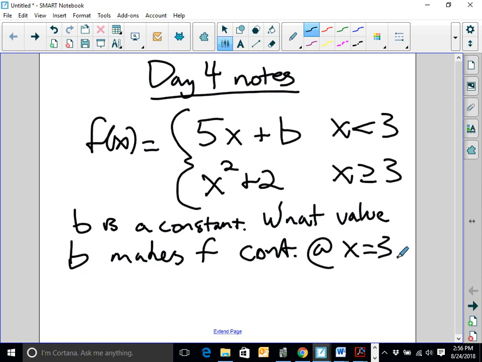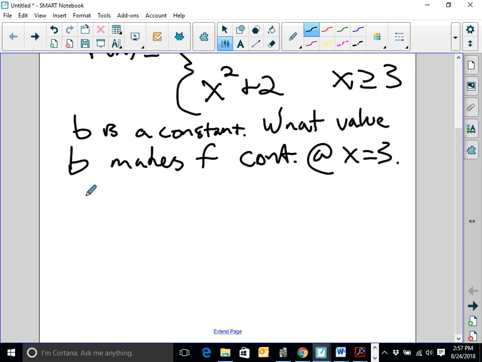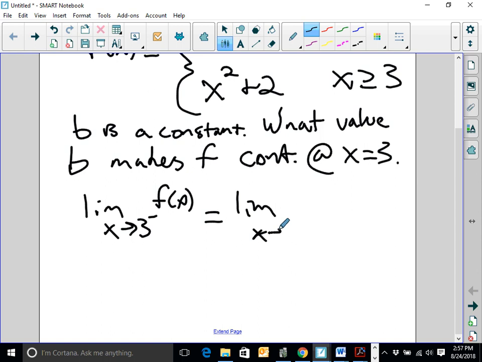So what I'm going to say down here is the limit as x goes to 3 minus of f of x must equal the limit as x goes to 3 plus. That's what we have to prove first to show that the limit exists.